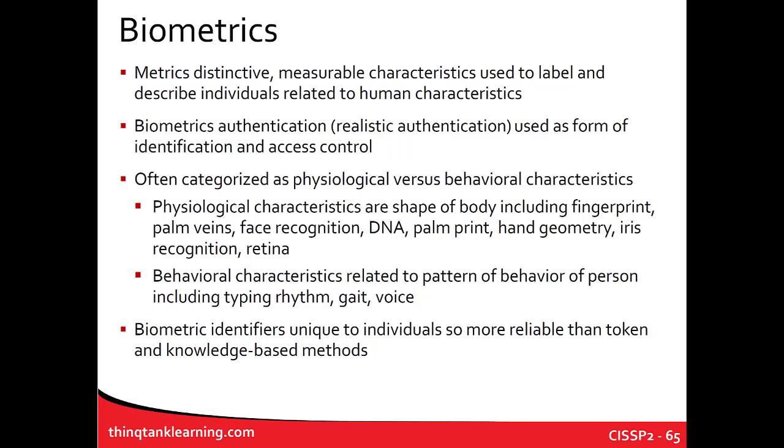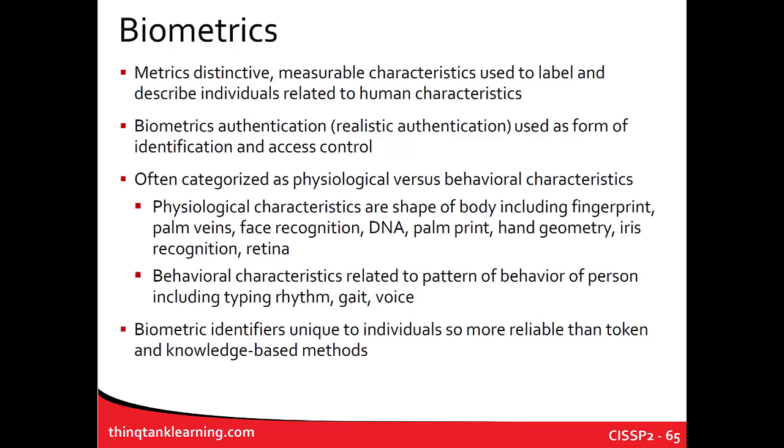For authentication, we get realistic authentication, meaning it's very difficult to fake, to steal, or to forget that information, right? Because it's part of you. You can forget a password, you can forget to bring your card, but if you're there, you're most likely present, you can't be forgotten, right?